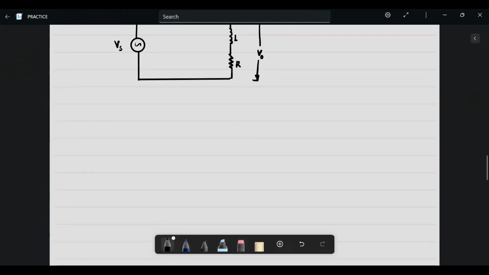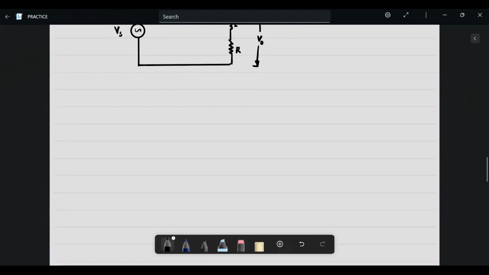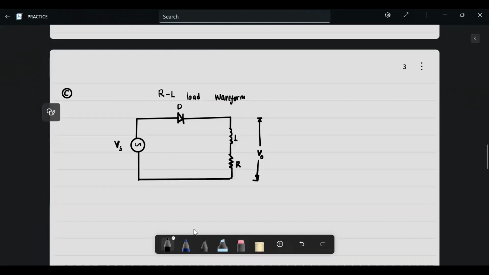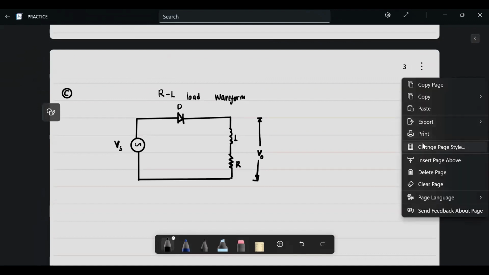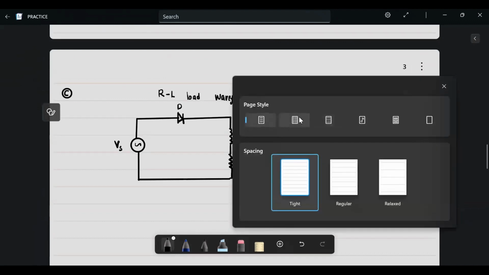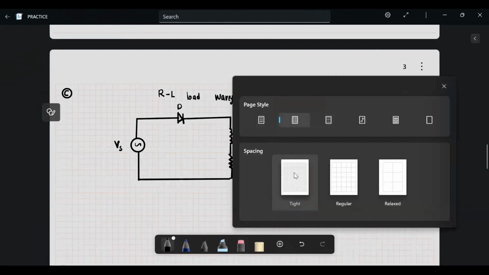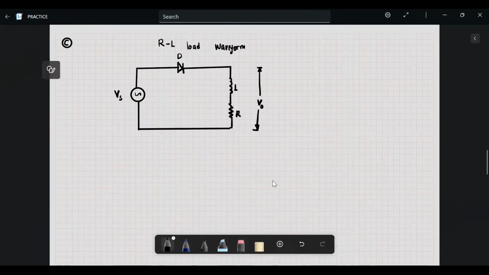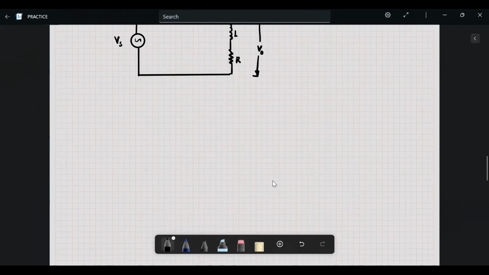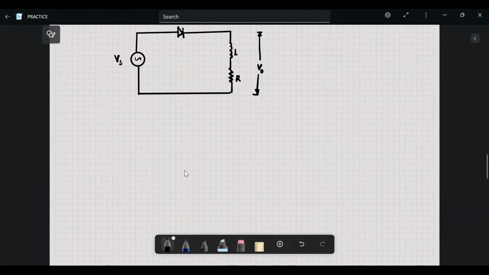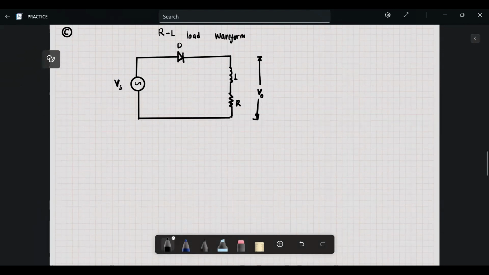Now allow me to draw this here. Oh, I also have to put a freewheeling diode. I forgot that. So here's a freewheeling diode, connected parallel to the load.